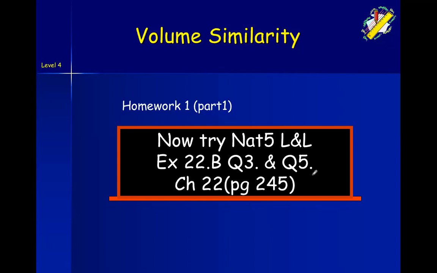And obviously, if there's a part 1, there'll be a part 2 coming. So part 1 is the easiest one, which is some of the exercise we had a look at. When you find the scaling factor, then you cube it to get the answer. Whereas part 2 is a couple of harder ones, just to make sure that you're okay with that.